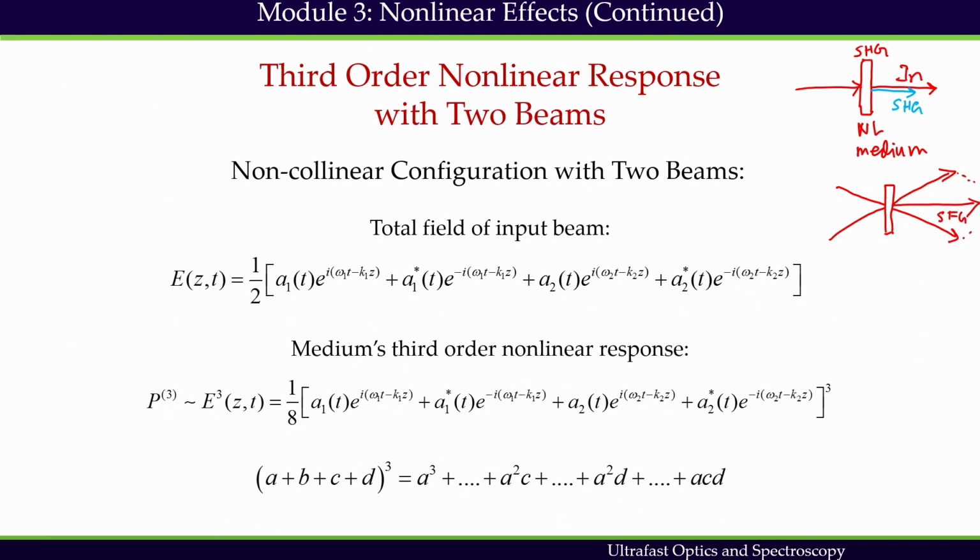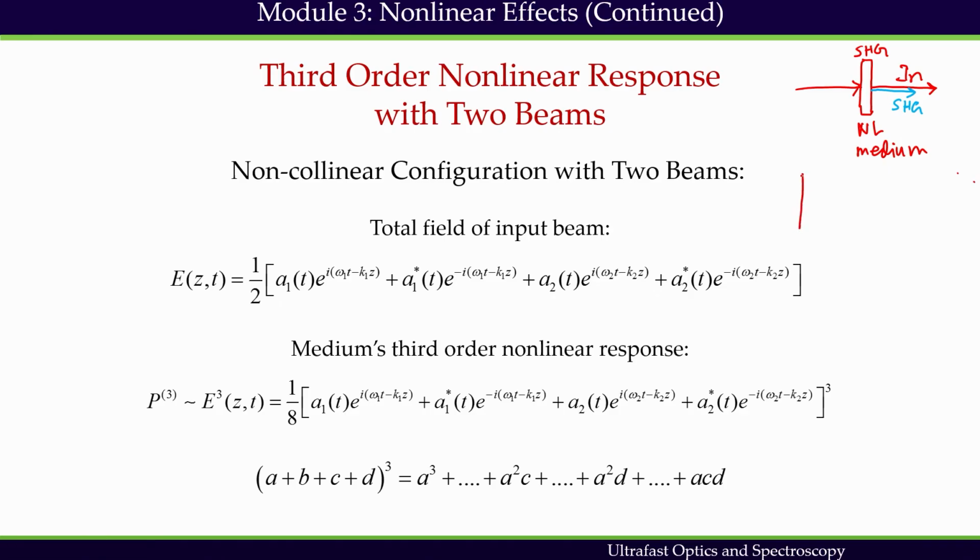So this is non-collinear configuration. We'll assume that we have non-collinear configuration, and I will draw it one more time here to show the fields.